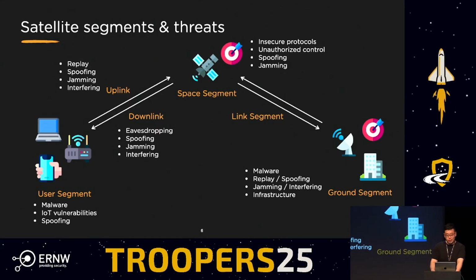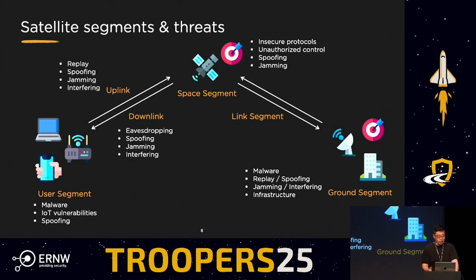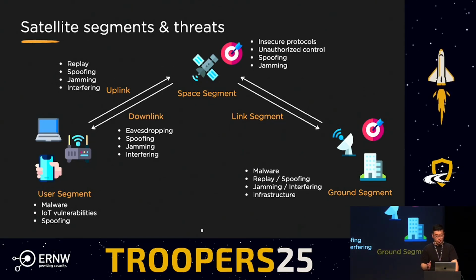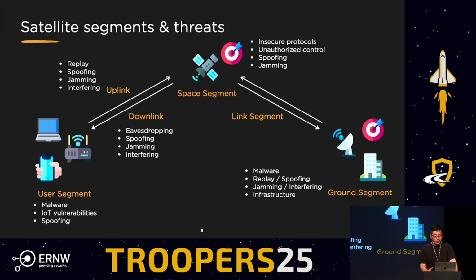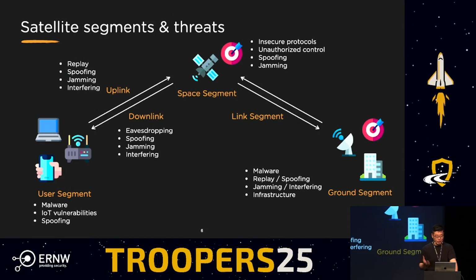And here are the satellite segments and the threats. Let's start from the user segment. To our knowledge, there are several malware families that target the user segment. And in the space segment, which is less discussed at conferences, there could be insecure protocols, unauthorized control, or spoofing and jamming, which, as I mentioned, are all radio frequency attacks.